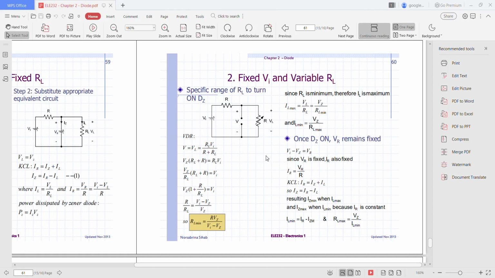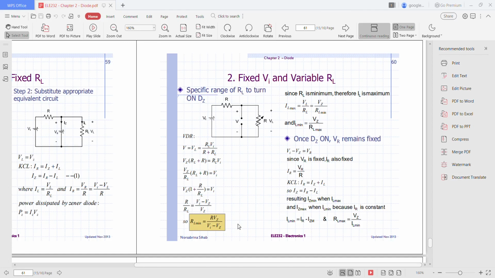Any load resistance value greater than the RL obtained from this equation will ensure that the Zener diode is in the on state, and the diode can be replaced by its Vz source equivalent.